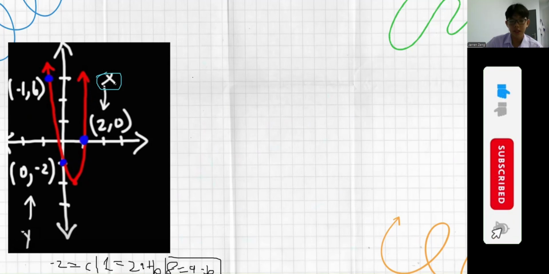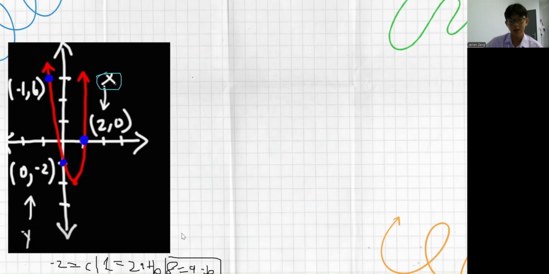Now that we have used these 3 points, we're gonna find the a and the b since we know the c. So now let's use a skill called elimination between these two. 1 equals 2a plus b, and the third point, 8 equals a minus b.